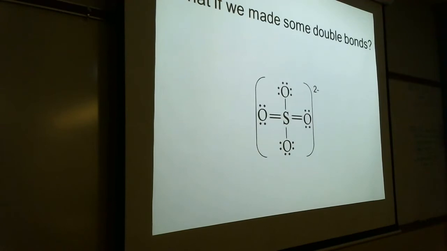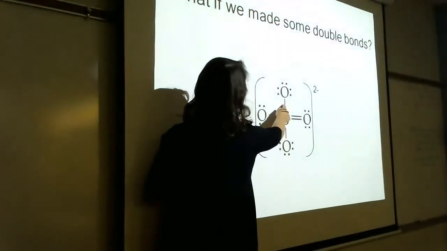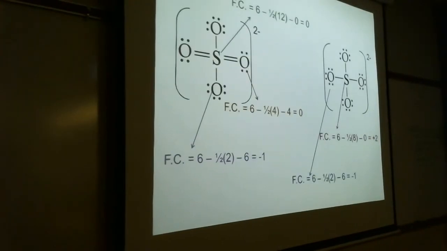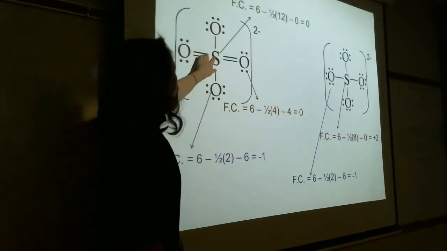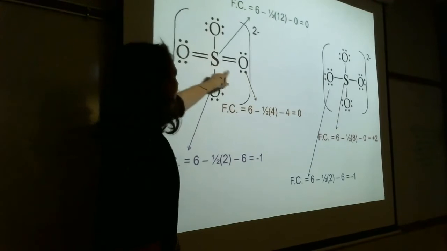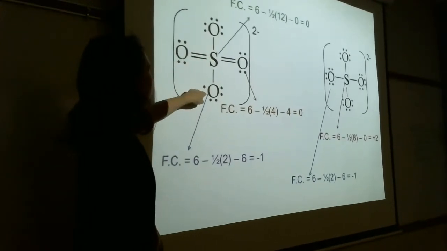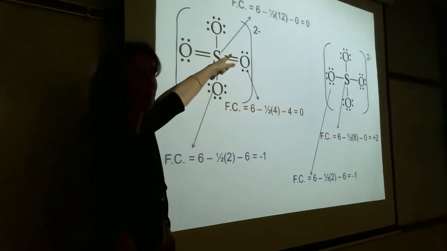What if, instead of having 4 single bonds, we had 2 double bonds and 2 single bonds? Let's see what that does to our formal charge. So now we end up with 0 on the central atom, 0 on this oxygen, 0 on this oxygen, -1, -1. -1 plus -1 adds up to -2.